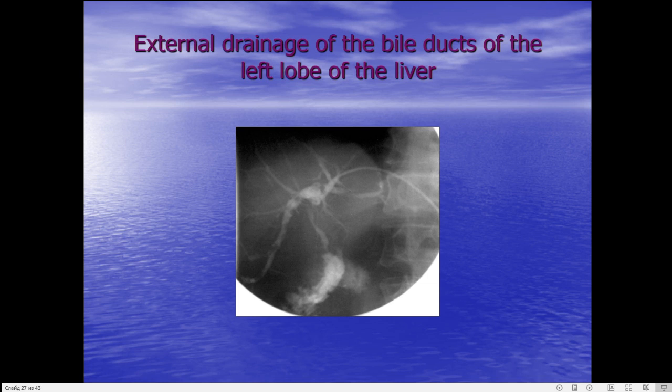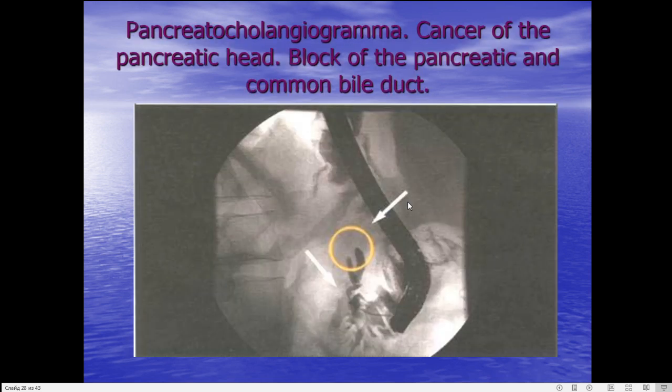Here we find the wider duct, and we do the drain under control of ultrasound. And here, we put the drain. Pancreatic cholangiogram, cancer of the pancreatic head, block of the pancreatic and common bile duct.